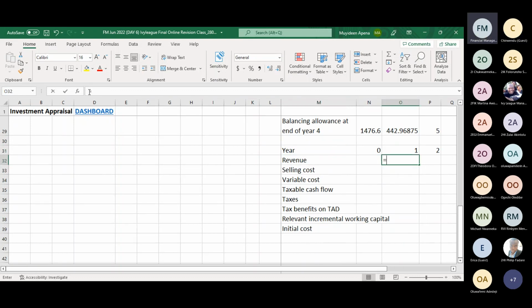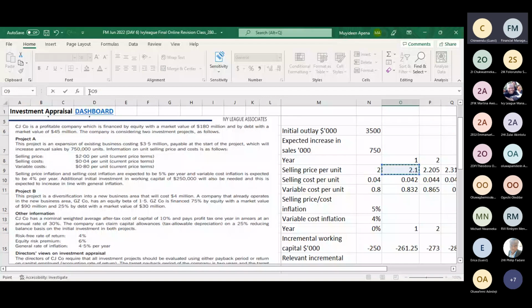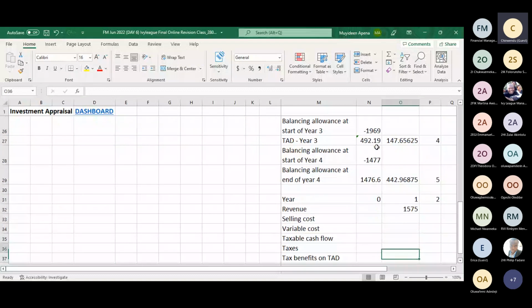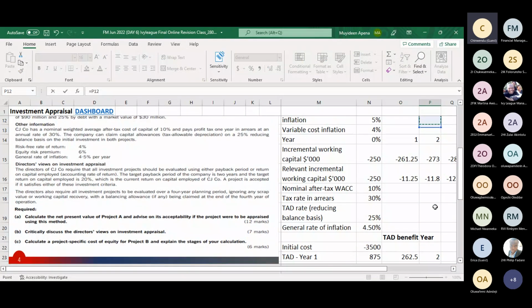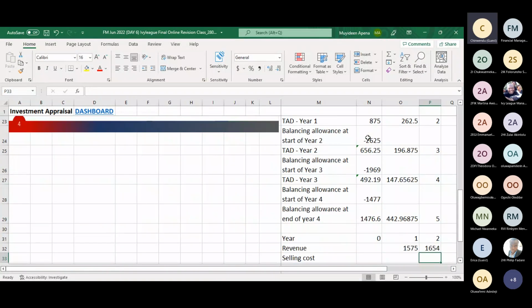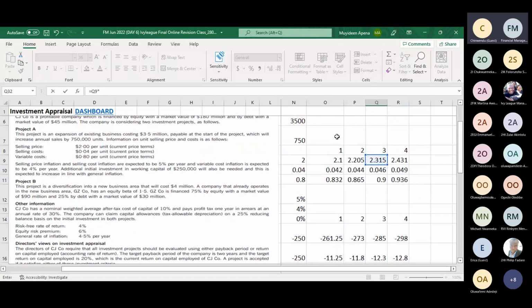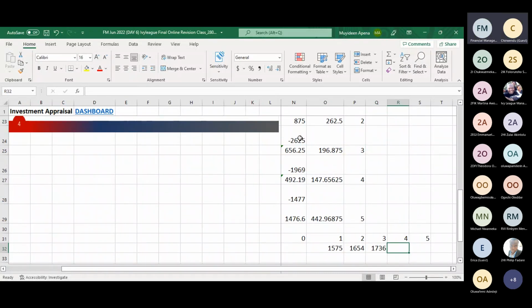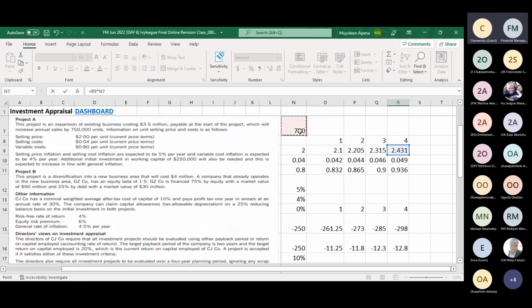So revenue in year 1 is equal to 0.1 we have here, multiplied by 750,000. In year 2, 0.2 multiplied by 750,000. Year 3, 0.3 times 750,000. And then year 4, 0.4 times 750,000.